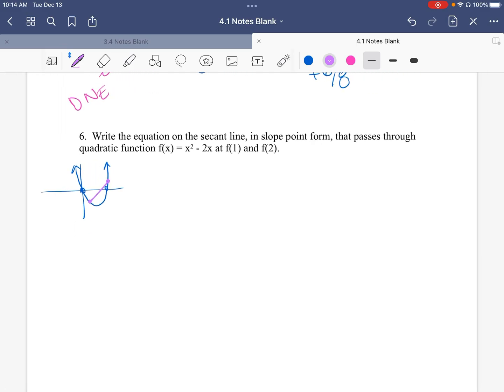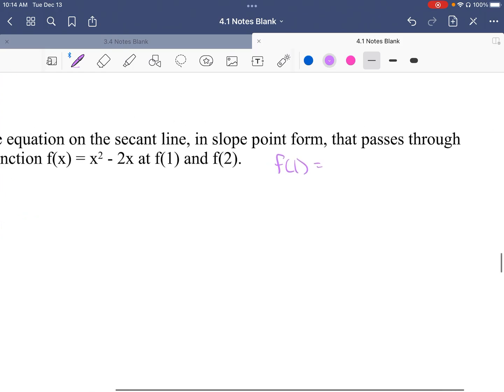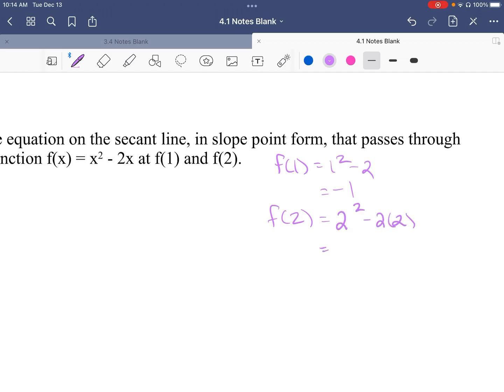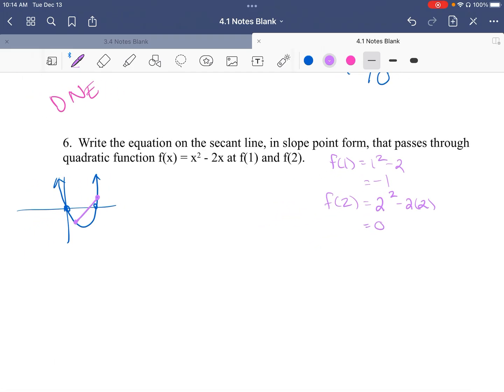If we want the tangent line at (10, 0), tangent lines on functions are lines that touch at exactly one spot.